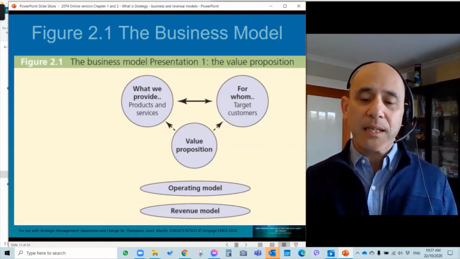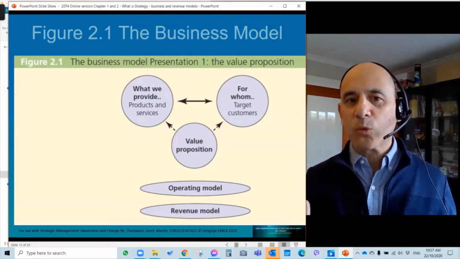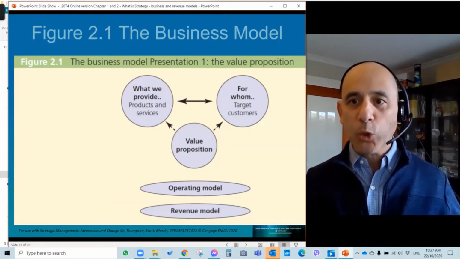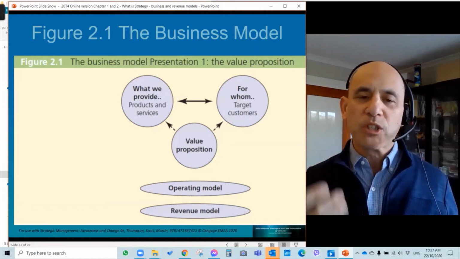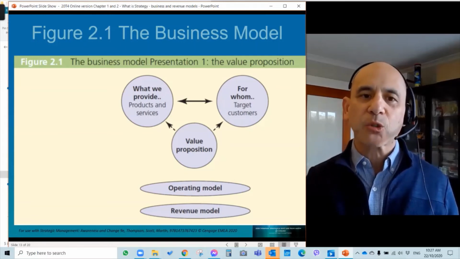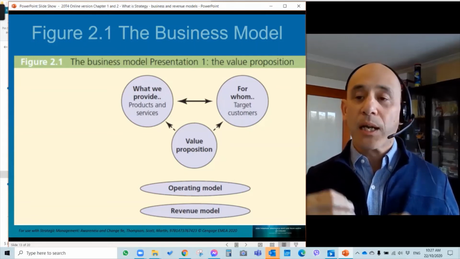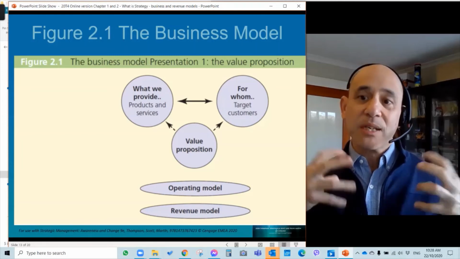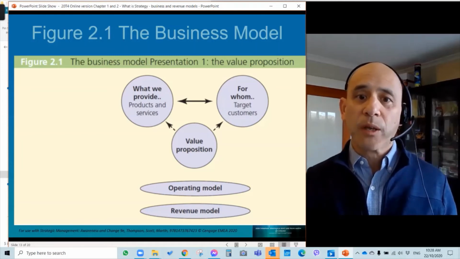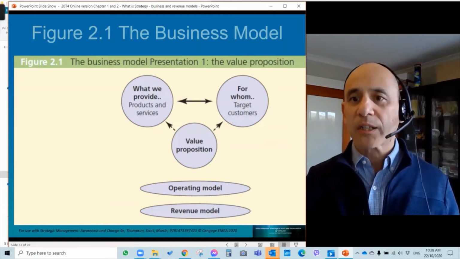We make a huge effort to include international students. We know the challenges that are faced by international students, and therefore it's a more appropriate school for international students. And that is really our value proposition to our target customers.